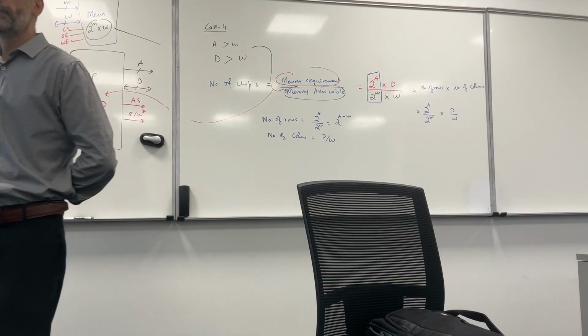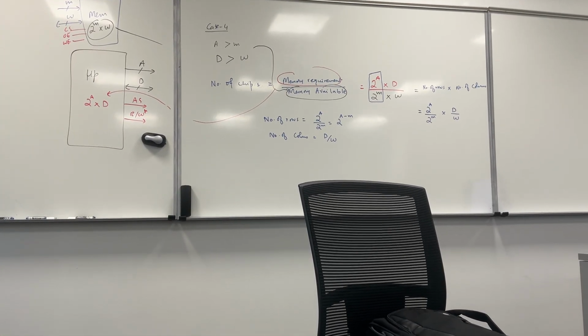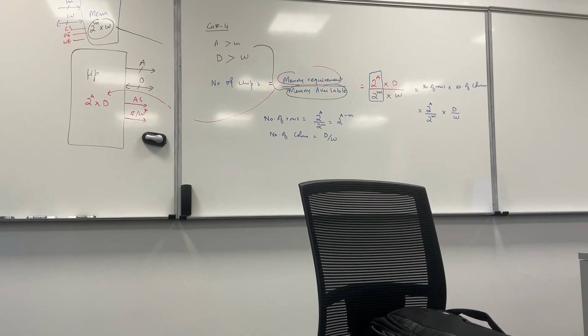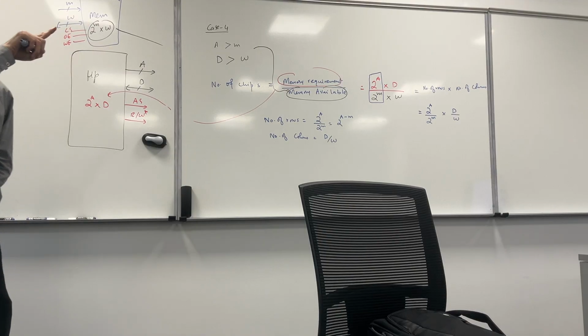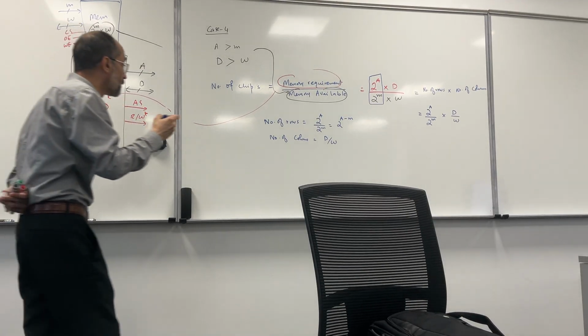Since remember, we need a decoder if we have multiple rows. How many rows do we have? 2 to the power A minus M. So what will be the decoder that is required? Look at the exponent.